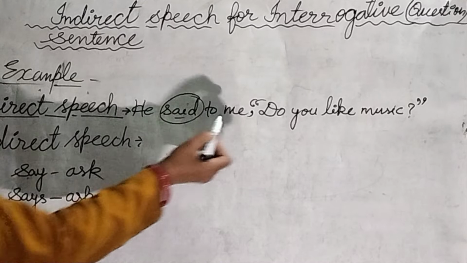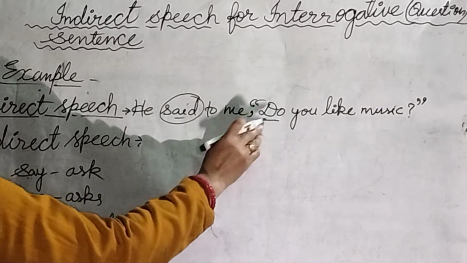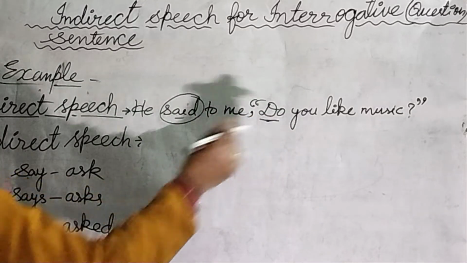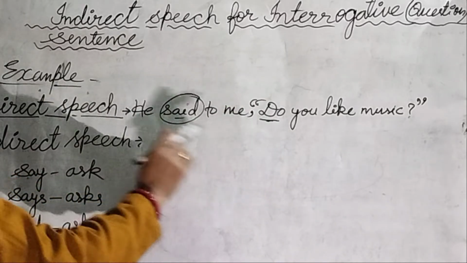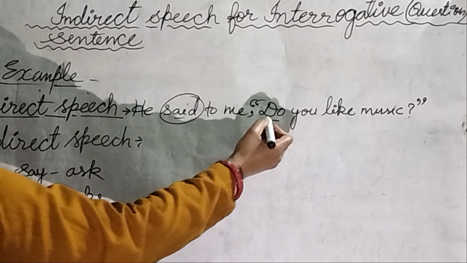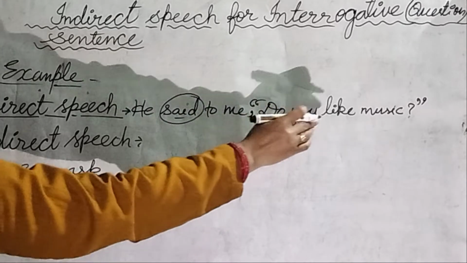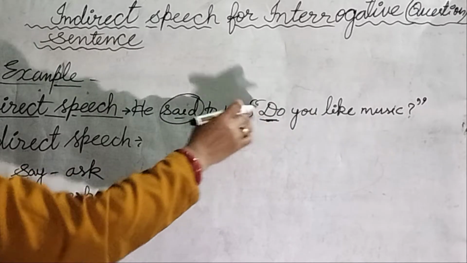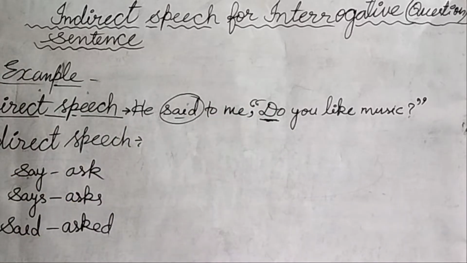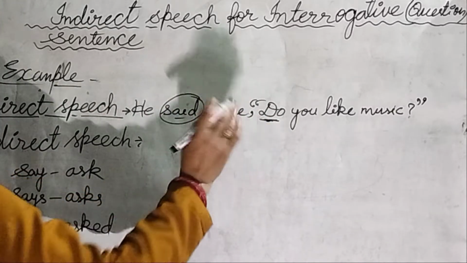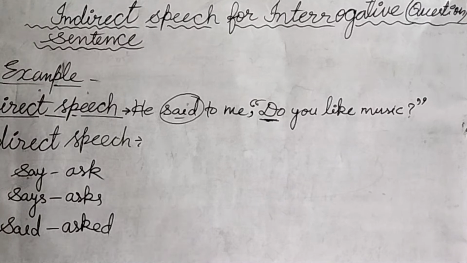When the reported speech starts with an auxiliary verb, then we don't use that here. We will use if or whether in place of that.